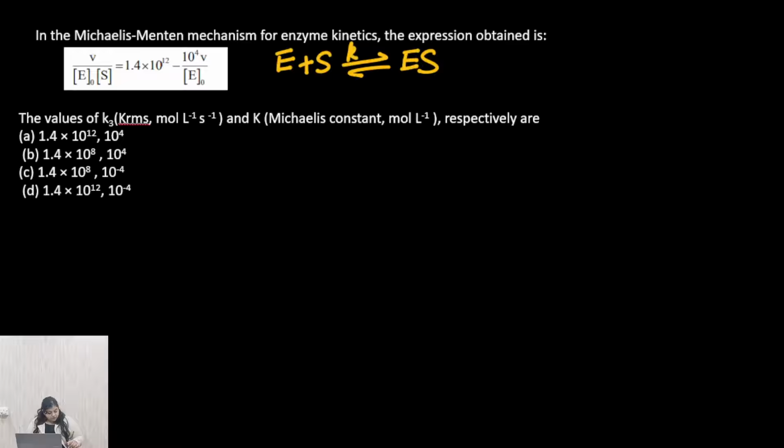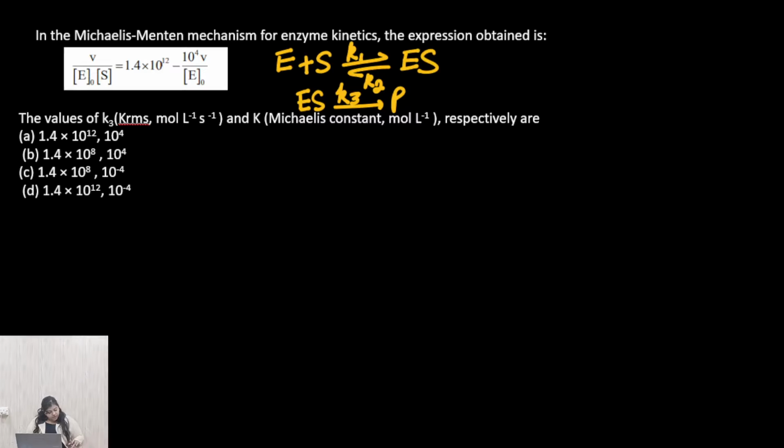This is going with the rate constant K1, and generally what we write is K inverse, but instead of K inverse they are using K2 over here, because in the final one K3 is given over there. So this is K2, and ES is converting into the product P. This is with the rate constant K3. So they are asking us about this K3 value and the Km value. We have to find it out.